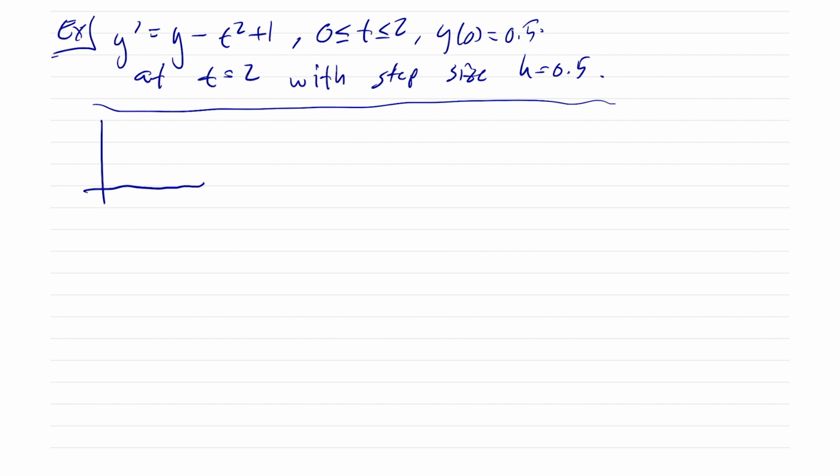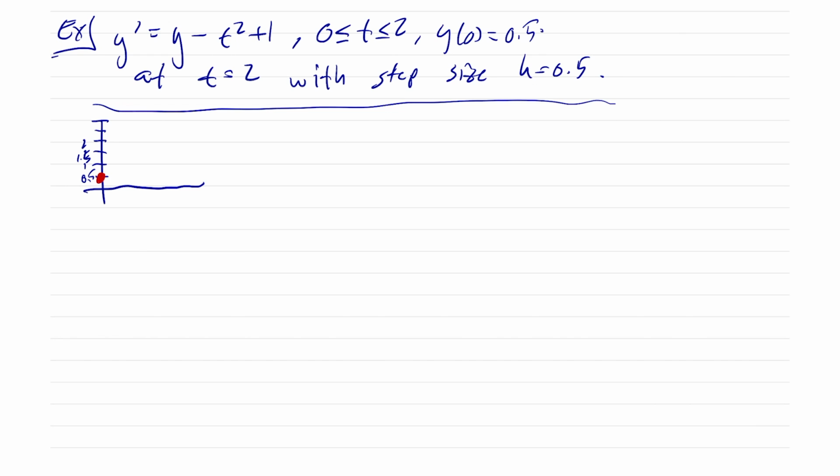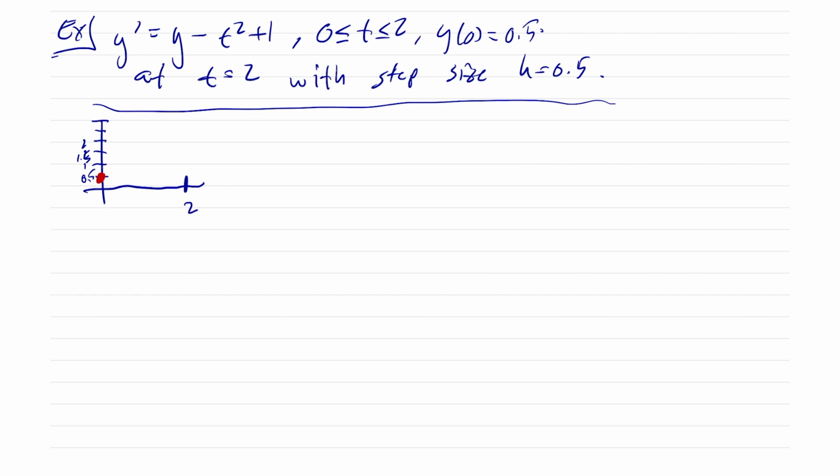So say this is 0.5, this is 1, this is 1.5, 2, and so on. We're told that our initial point is here. And our goal is to get over here at 2. And our step size is 0.5.